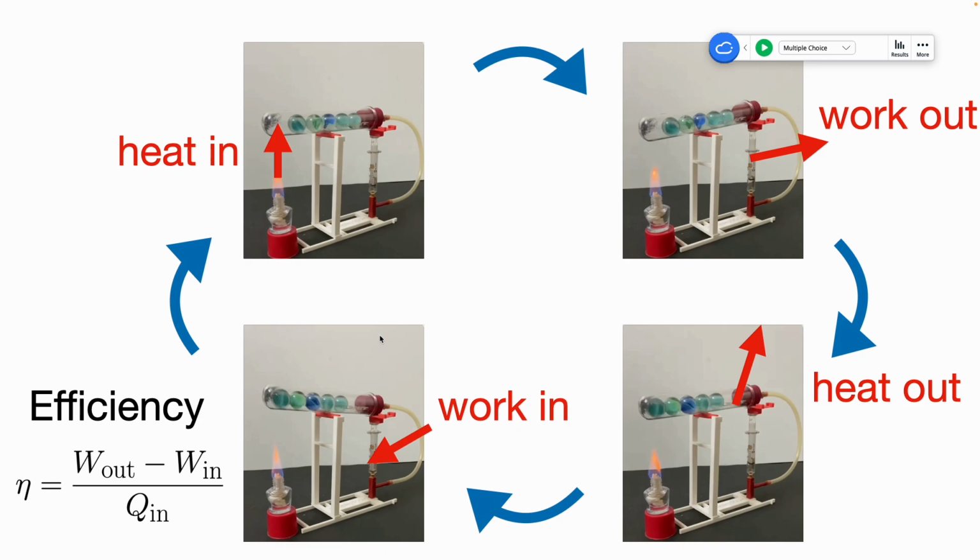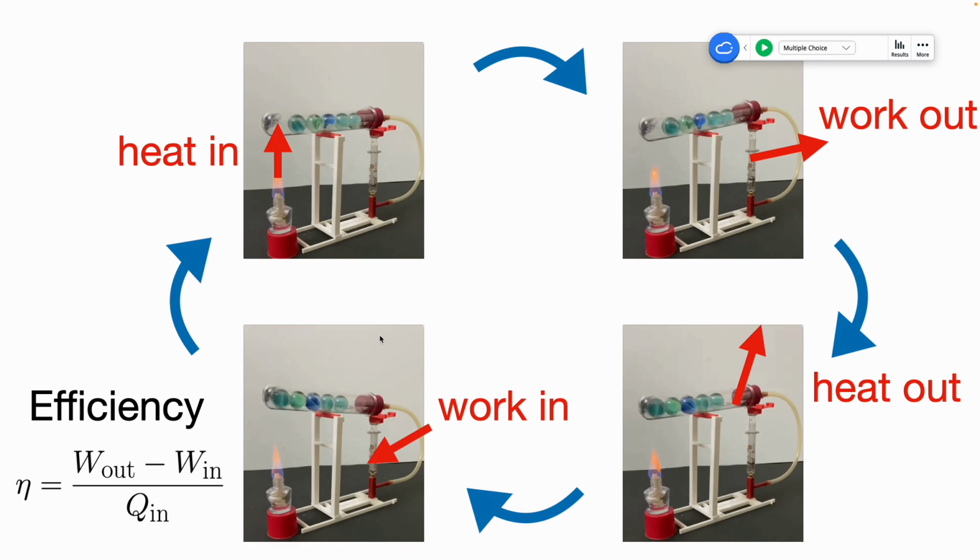When it's summer, you don't want heat. Work can be useful. You can use work to move things around, to move a car, to turn on any electronics. Those are work. So turning heat into work is usually good for us in application.